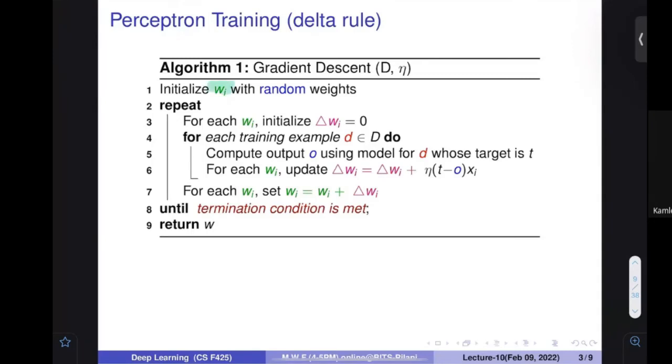Initialize the w's with random weights, and for all the data items, if you want to update the value of wi, it is going to be wi plus something that we add, and this addition term comes from target minus output into xi, eta times. You find the summation, and after this summation you add it over here, because it was a negative, it becomes positive.